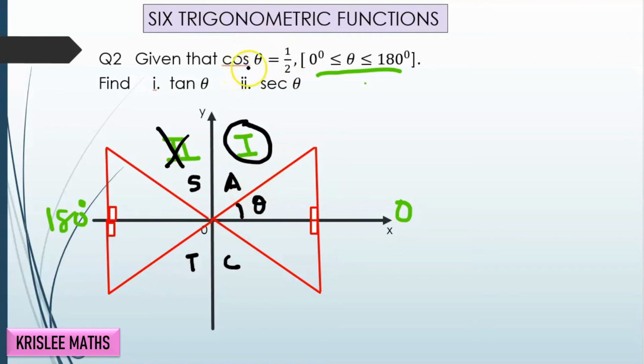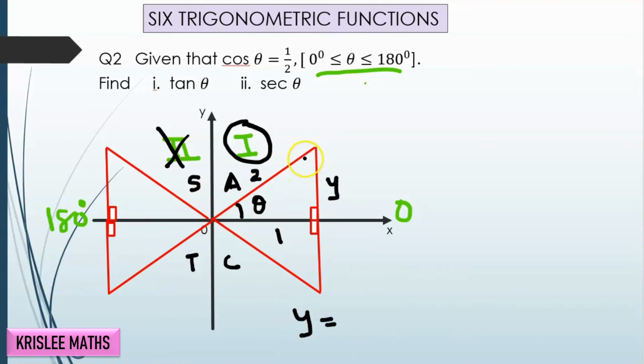Here you are given cos theta as 1/2. Cos theta is adjacent over hypotenuse, so 1/2. In order to get the third side, that is y, you may use the Pythagoras theorem.